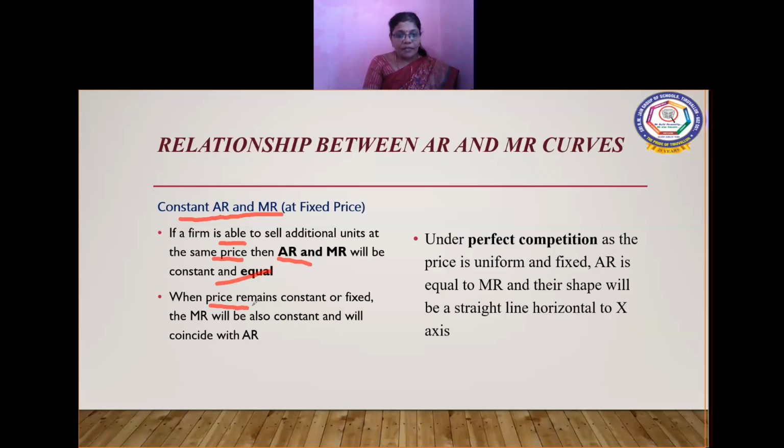When price remains constant, MR will also be constant and will coincide with AR. Under perfect competition, as the price is uniform and fixed, AR is equal to MR and the shape will be a straight line horizontal to the x-axis.